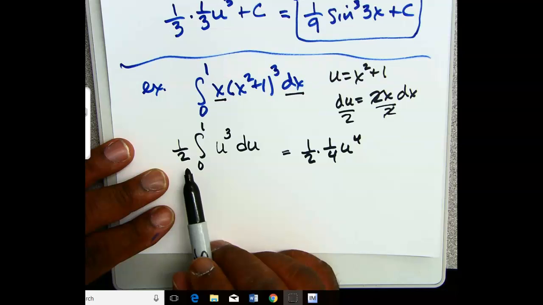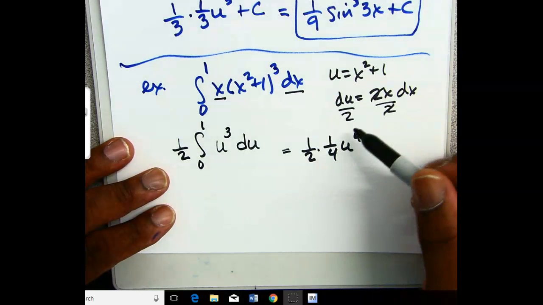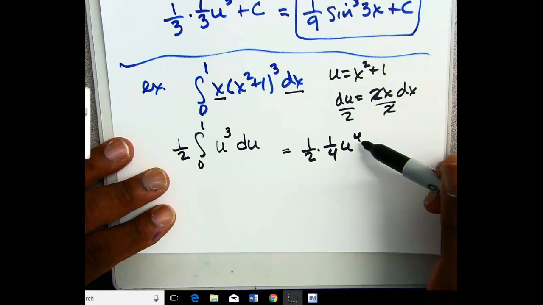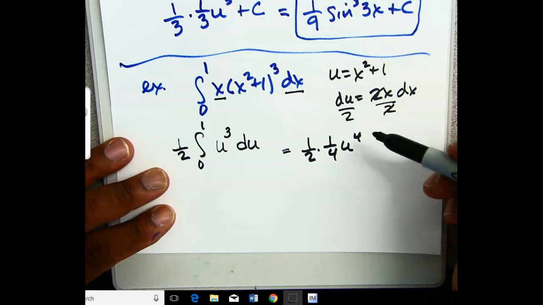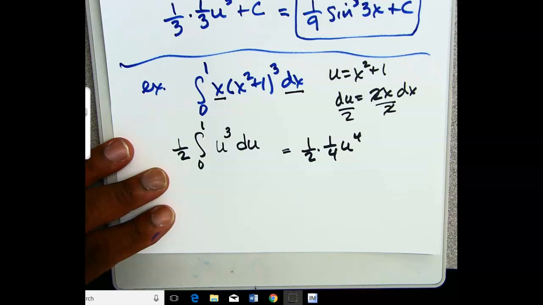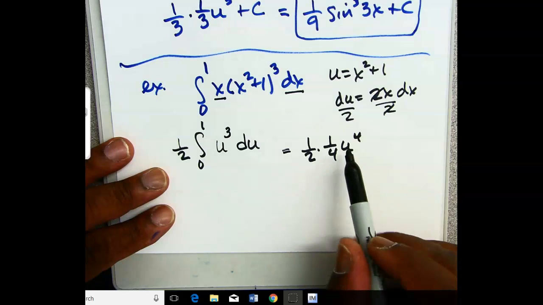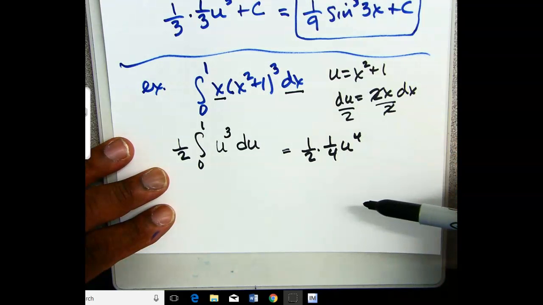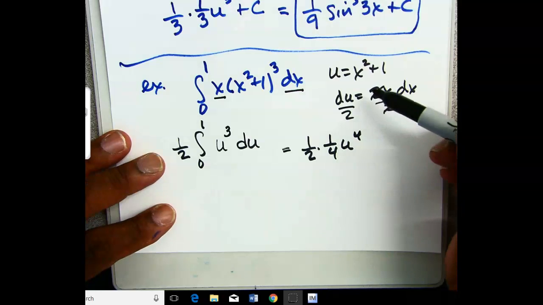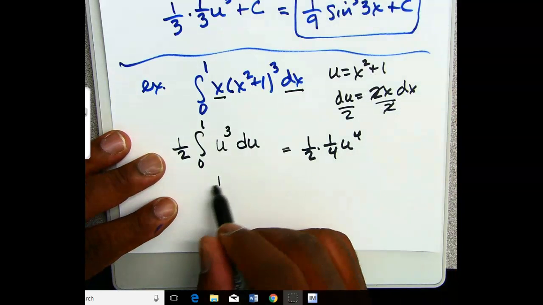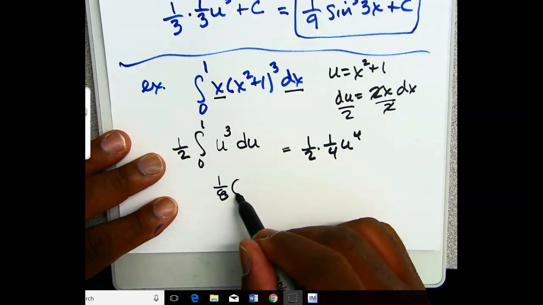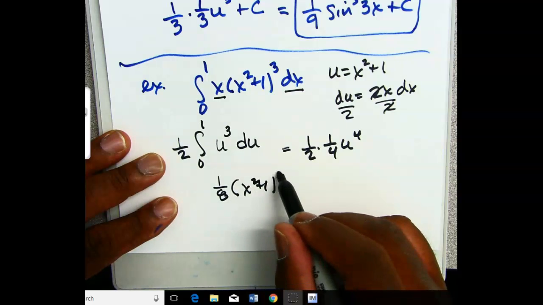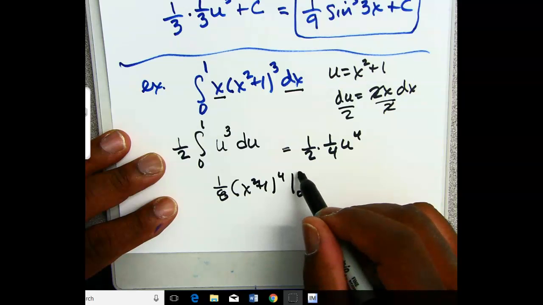So it's 1/4 u to the power of 4, and we're going to evaluate this at 0 and 1, or are we? If we back substitute and make this a function of x again, then yes, we're going to use the 0 and the 1. That's what we've been doing. So this would be 1/8 times x squared plus 1 to the 4th, and we're going to evaluate that at 0 and 1.